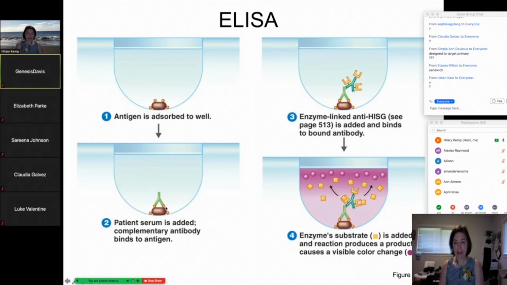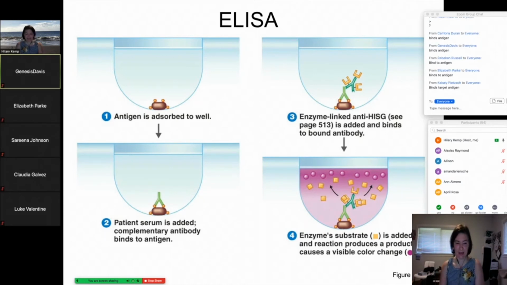Remember, what does the primary antibody do, guys? Write that into the chat. What does the primary antibody do? It binds the antigen. Yes, good job. So there it is, binding the antigen. Then, what's the next step? After the primary, what do we add next? We add the secondary. Good. And what's special about the secondary? What's this doodad here?